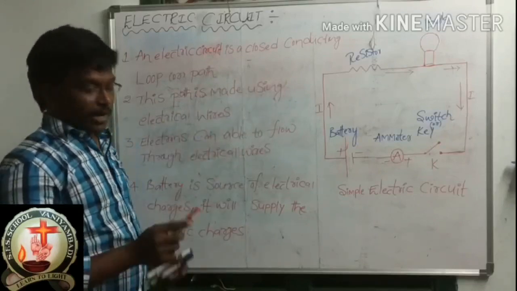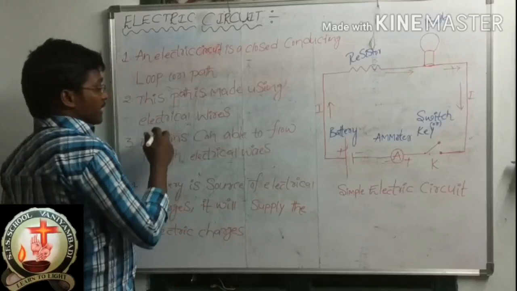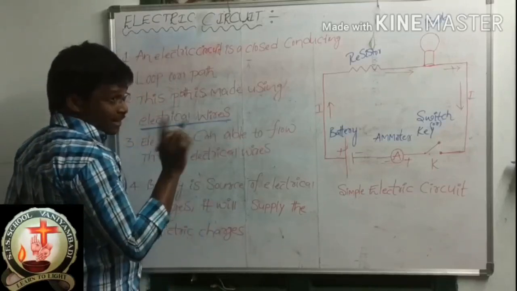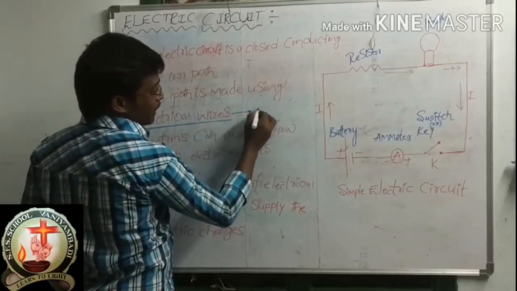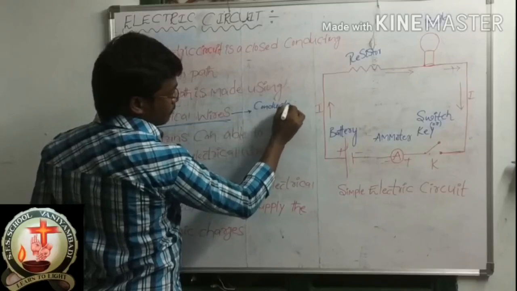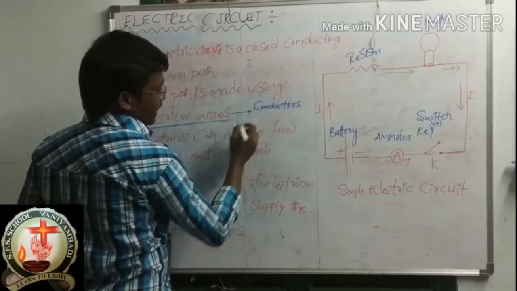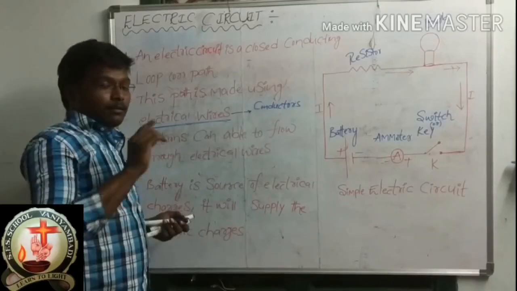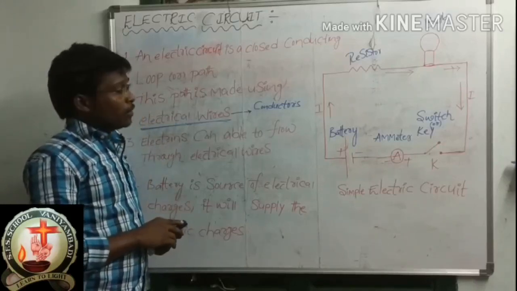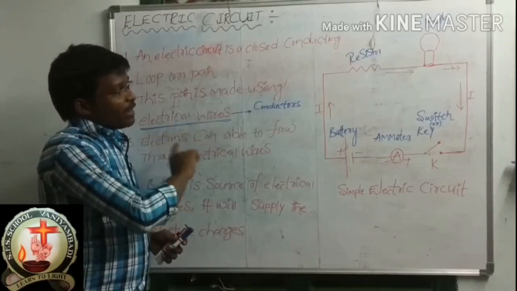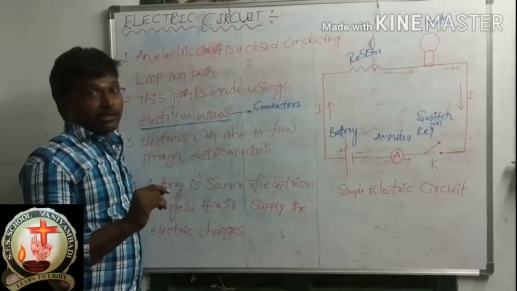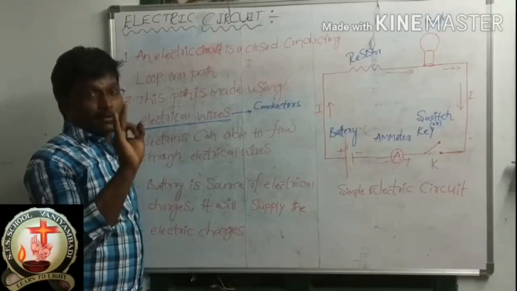Okay, but you can remember one point here. These electrical wires are nothing but examples of conductors. I told you already, in the first class of this electricity lesson, about the types of materials: insulators, semiconductors, conductors.